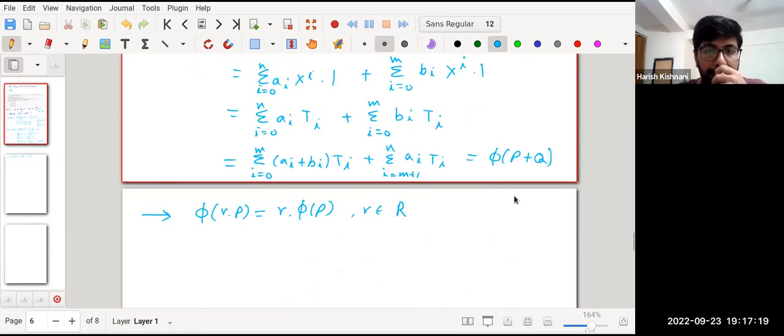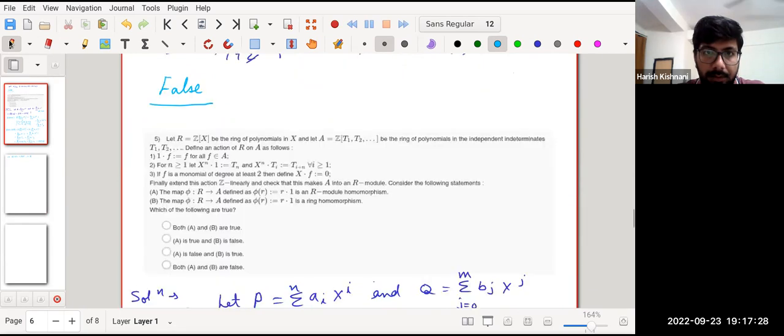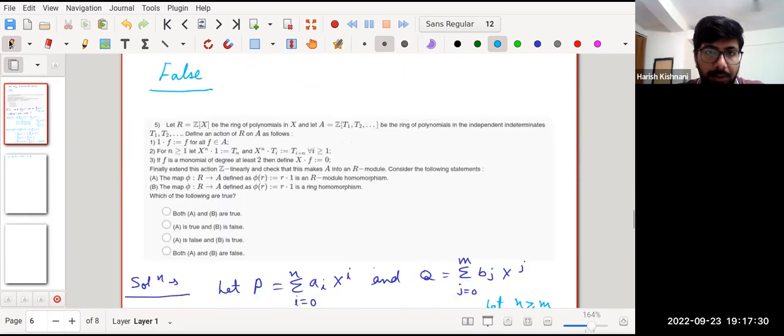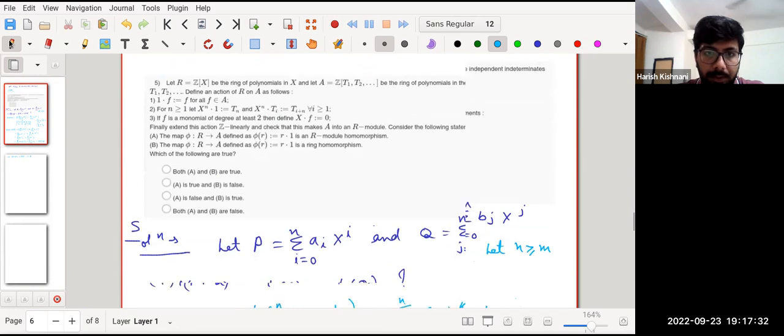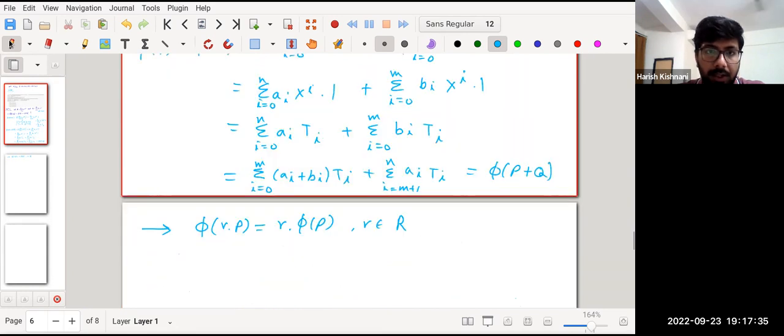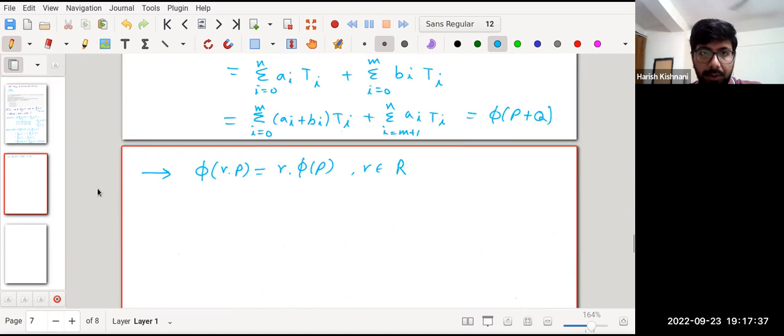Phi of R dot 1 is a module homomorphism or a ring homomorphism, that we need to see. For module homomorphism, you need phi of R dot P to be R dot phi of P. But for ring homomorphism, you will need phi of R dot P to be phi of R times phi of P, right?